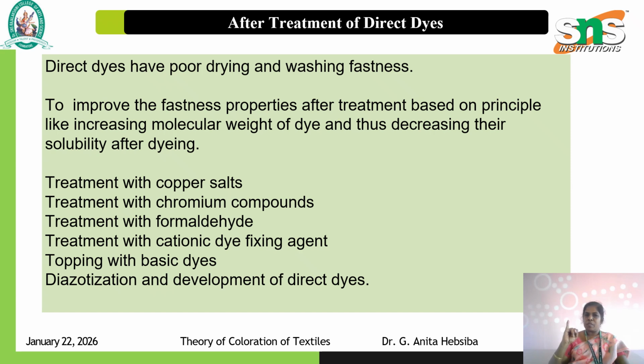The first one is treatment with copper salts after dyeing. Then treatment with chromium compounds, treatment with formaldehyde, treatment with cationic dye fixing agent, topping with basic dyes. In the previous video I also told you about how direct dye and basic dye can be dyed using mordants. Then diazotization and development of direct dyes. So these are all the after-treatment methods which can be applied on direct dyes to improve their washing fastness. Thank you.